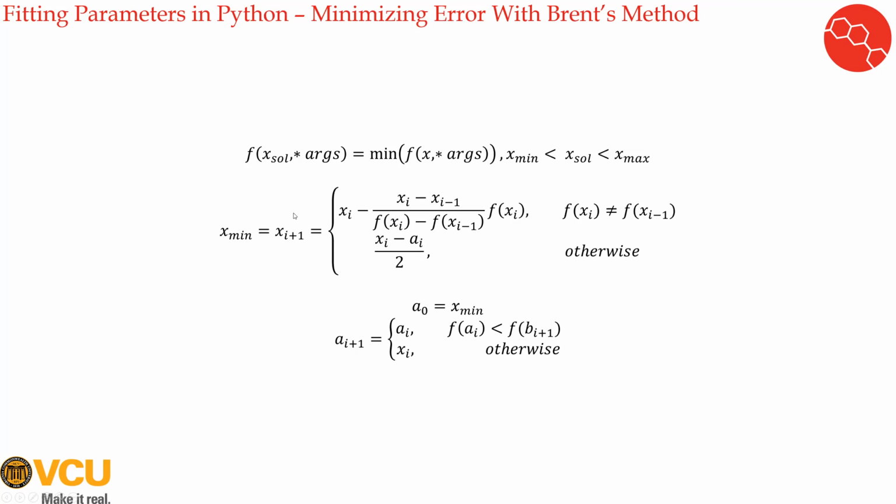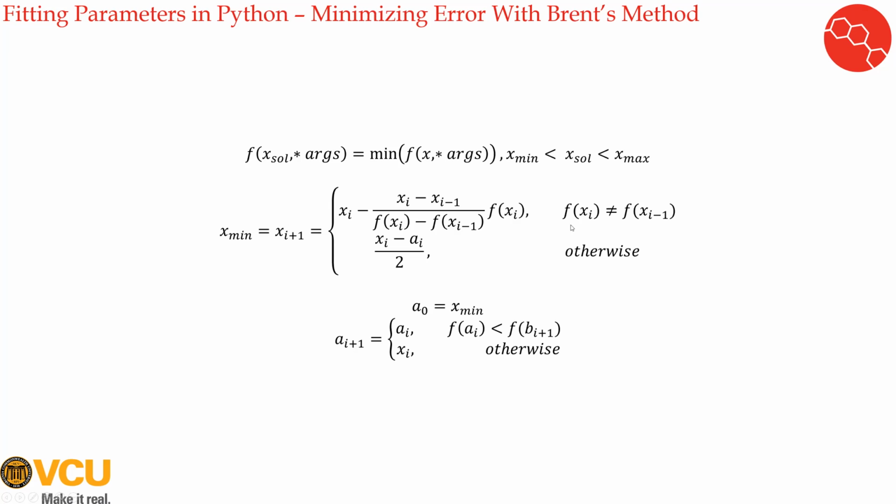So you iteratively calculate a new value for your minimum based upon your last values, beginning with some guess. For each iteration, a value is calculated using the secant method and a value is calculated using the bisection method.